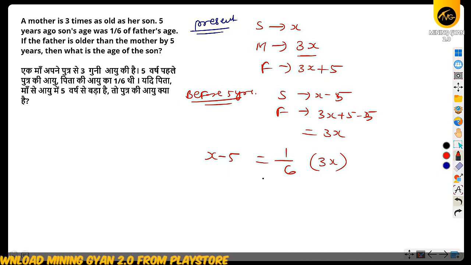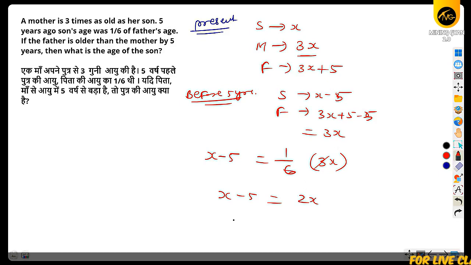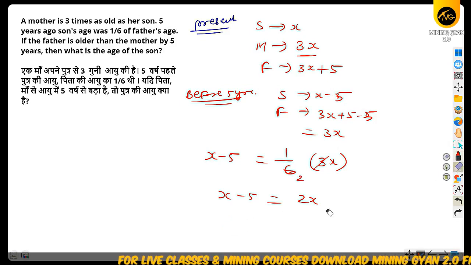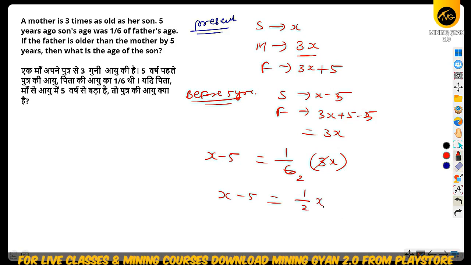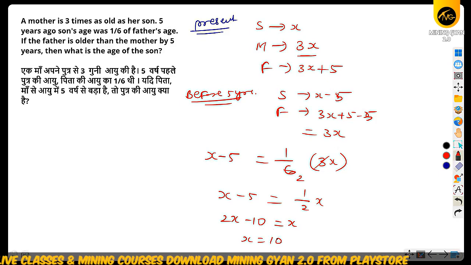Just cross multiply, so 2x minus 10 is equal to x. So 2x minus x, that will be x, and this is 10.